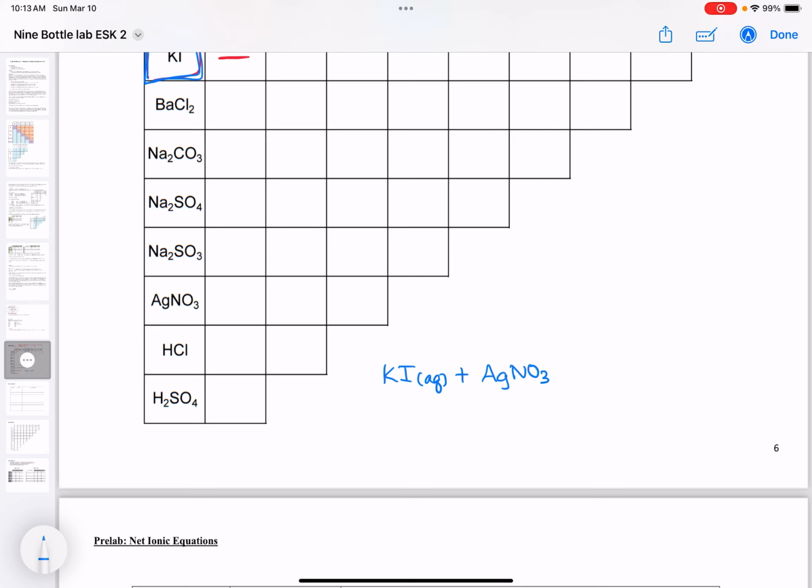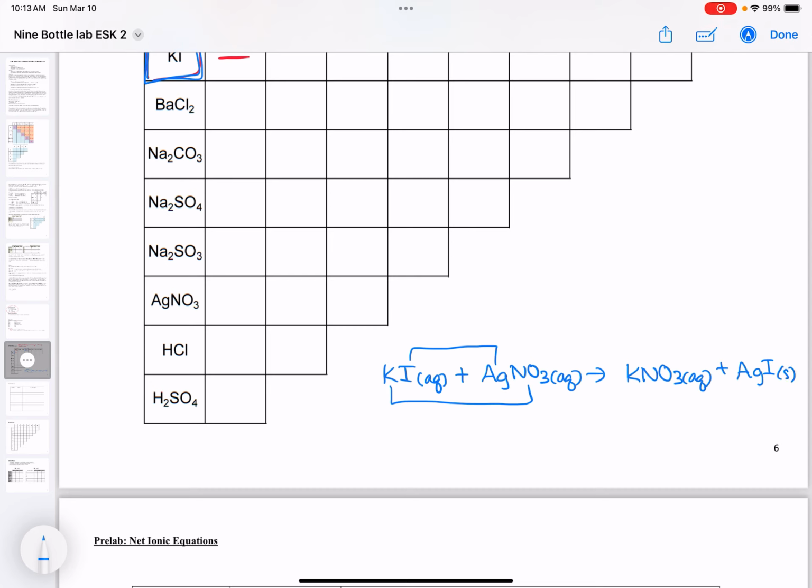So I look at my potential products. If I put potassium with nitrate, both potassium and nitrate are soluble with no exceptions. So that's going to be soluble. But silver iodide, iodides are normally soluble, however, silver is one of the exceptions. So silver iodide does form a solid product. So that is going to be the product of my reaction.